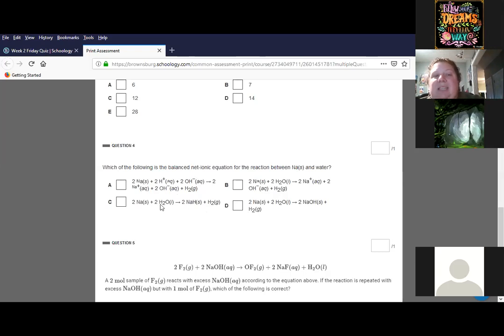And if you look at C, the oxygen disappeared. There's no oxygen on the product side, so that's not possible. Then I'm looking at these two, and this comes down to solubility. Anything with sodium in it is going to be an aqueous solution. It's not going to be a solid. So that means that B has to be our answer.